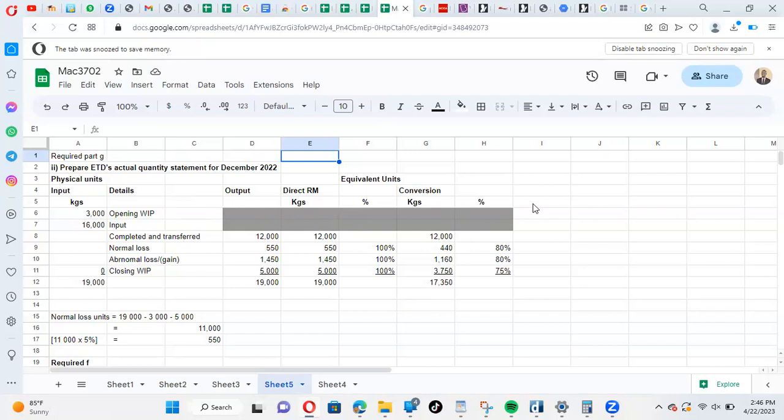The assumption there is first in, first out. So we are going to sell this one first, and then this one is going to remain. Unlike here, where we are mixing up opening inventory and inventory acquired during the period to come up with one cost for all. You see, that's the difference.